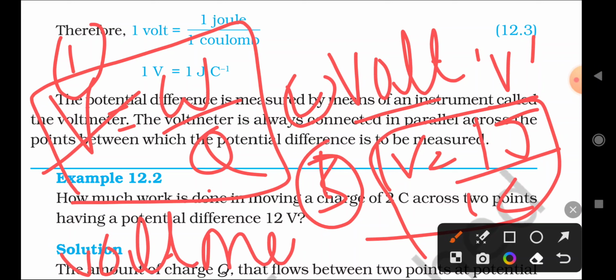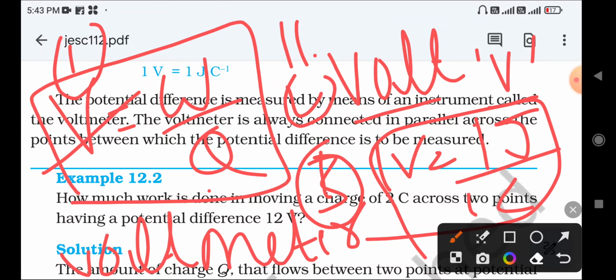Okay, these are very important questions. Is it connected in a series circuit or parallel circuit? You can write it is connected in a parallel circuit. These four or five questions they will ask about potential difference, right?